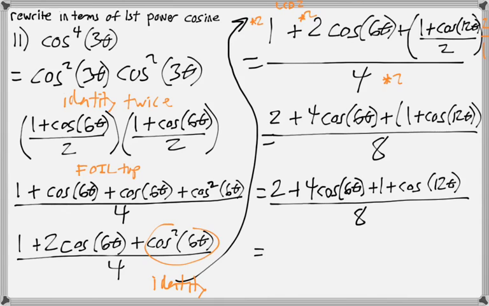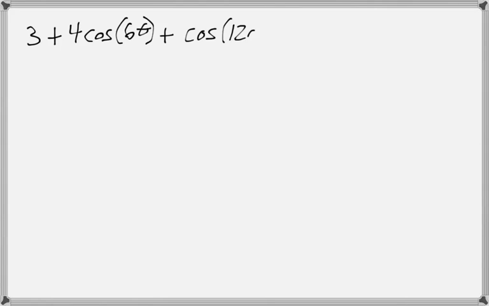And I'm going to go to the next slide. So that'll be 3 plus 4 cosine of 6 theta plus cosine of 12 theta all over 8.